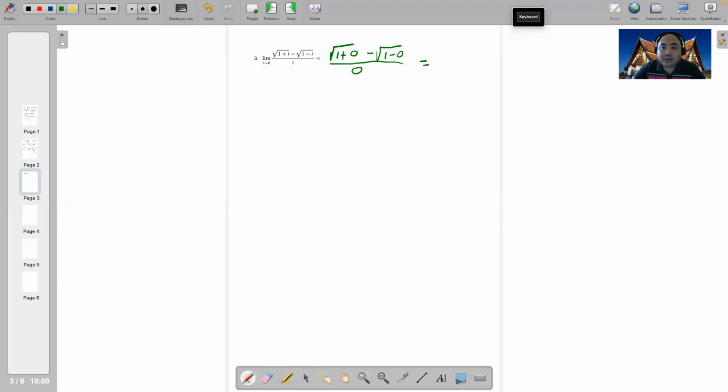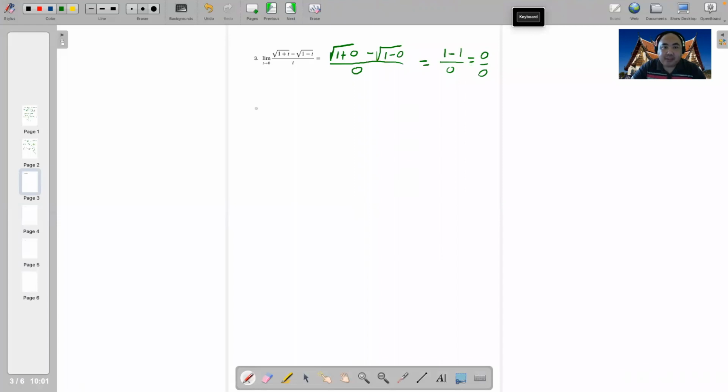That gives us 1 minus 1 all over 0, which is 0 over 0. Oops! Again, we reach an indeterminate form. And we don't like this, of course. So what do we do?